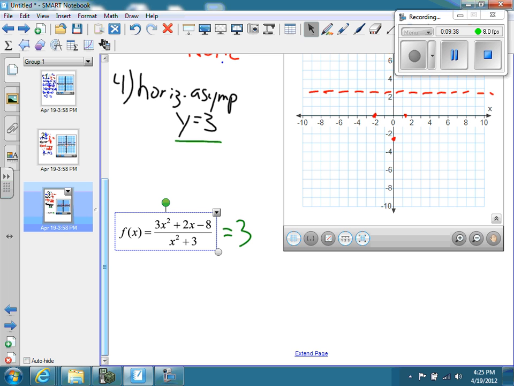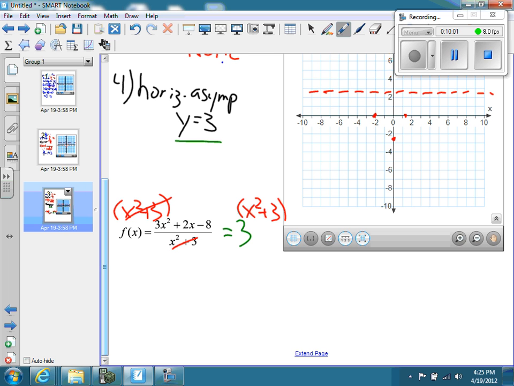The equation for my original function is 3x squared plus 2x minus 8 over x squared plus 3. So let's first multiply both sides by x squared plus 3. That's going to cancel out my denominator.